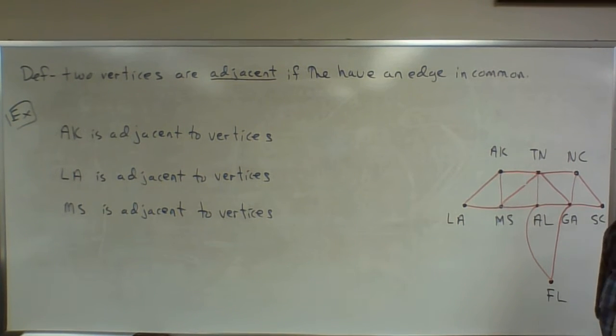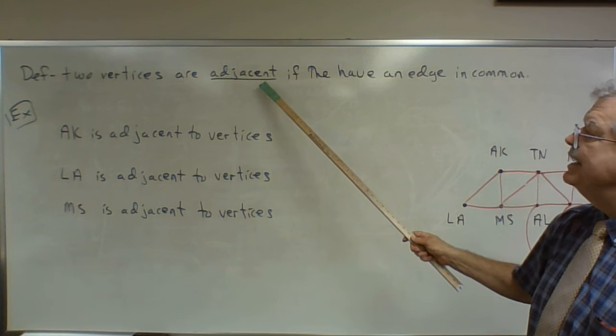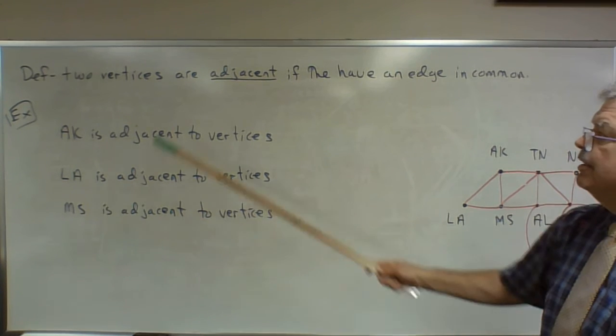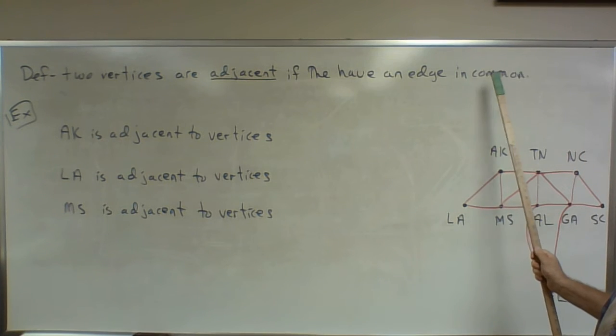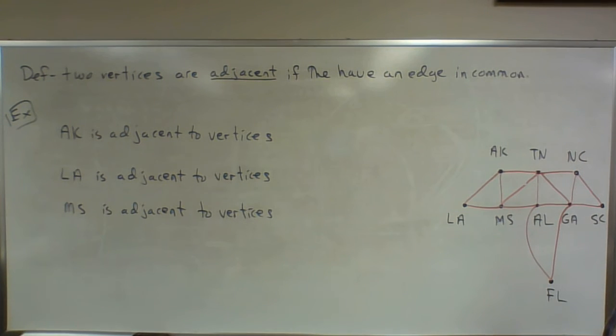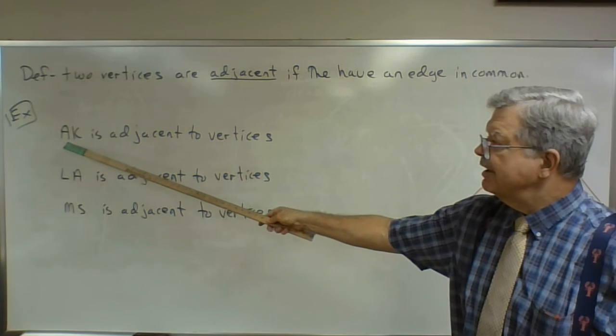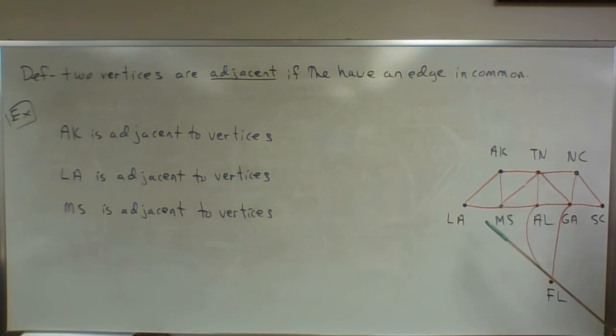Another concept that we want to introduce is that of being adjacent. Two vertices are adjacent if they have an edge in common. Let's look at Arkansas. Arkansas shares an edge with Louisiana.